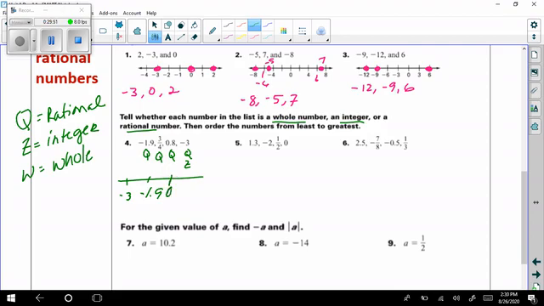That would be like your 0. And then I would have negative 3, negative 1.9. I've got 0.75 and 0.8. So I'm going to do 3/4, and then I'm going to do 0.8.